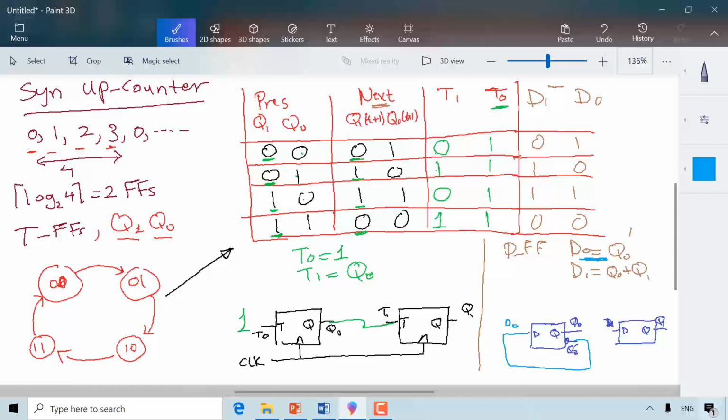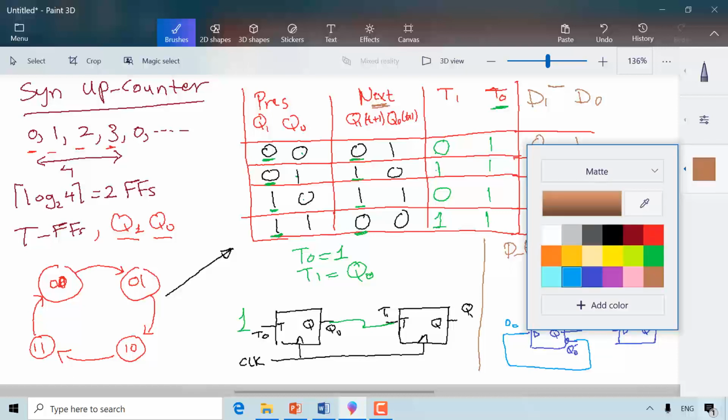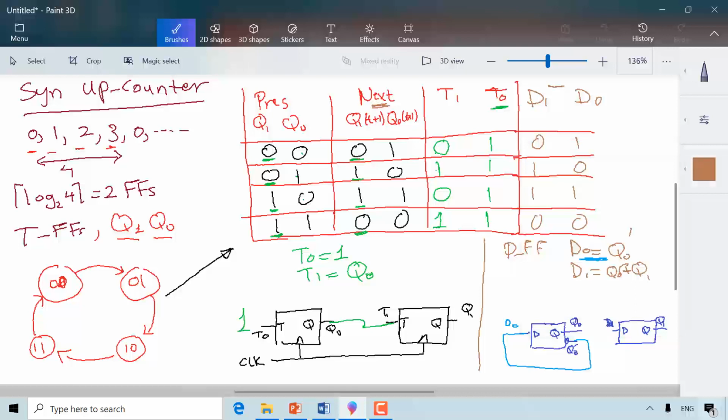Now, how about D1? D1 is the exclusive OR function. So we will have Q0 and Q1 come in all the way here. We create an exclusive OR gate and connect it to D1.